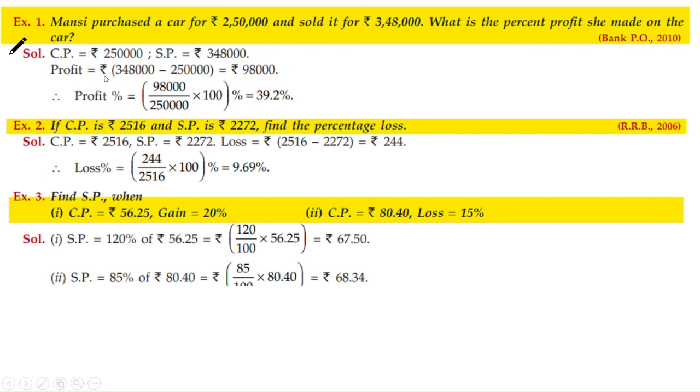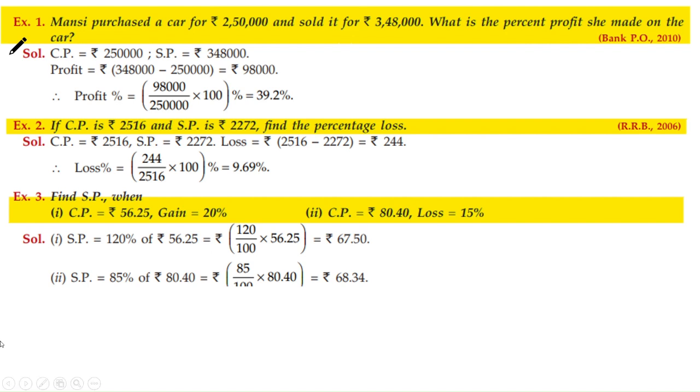Profit equal to selling price minus cost price equal to 98,000. So profit percent equal to profit by cost price into 100, that equal to 39.2%.